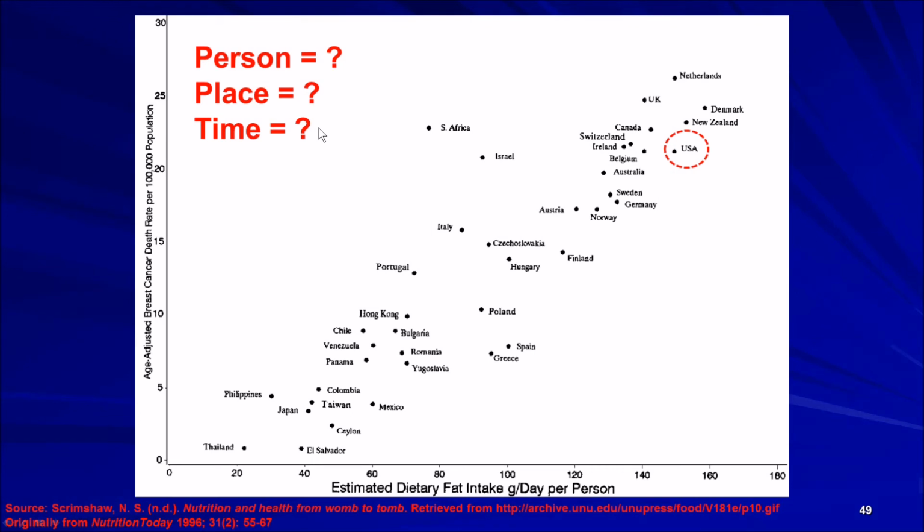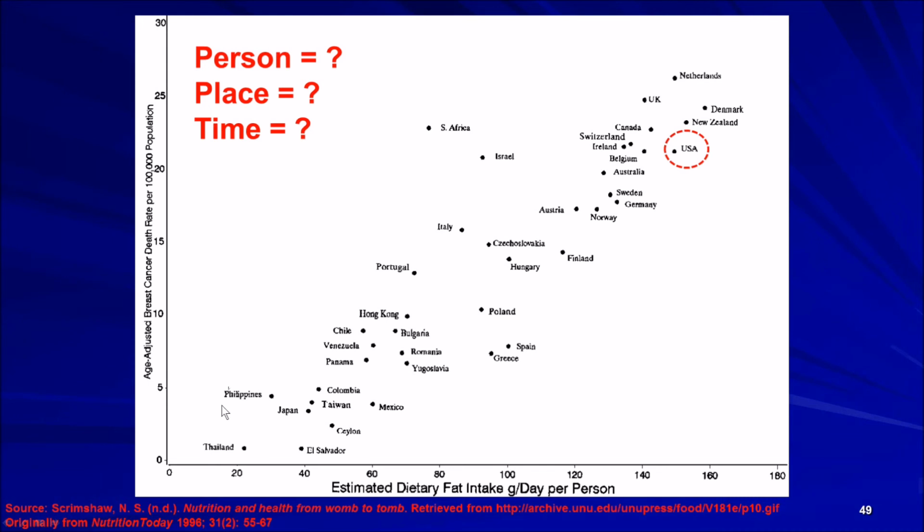We could go back to the original source to be accurate, but we would just say probably 1992 to 1994. Okay, so person again is women with breast cancer, place is all regions of the world, and time we think is possibly 1992 to 1994.